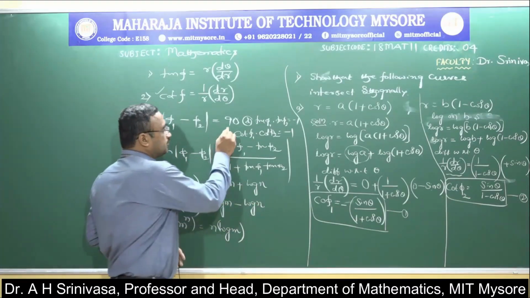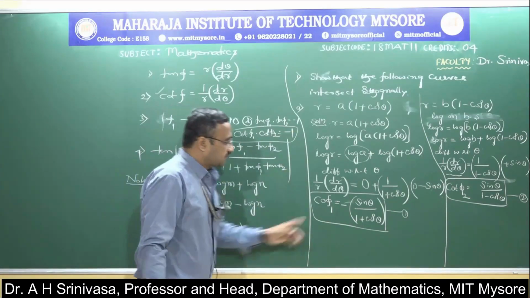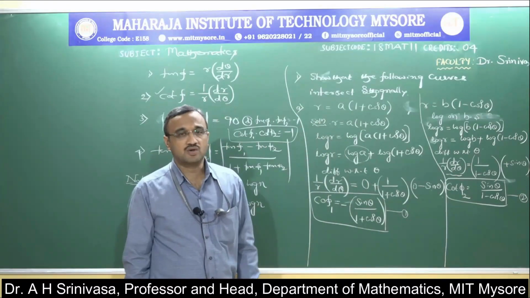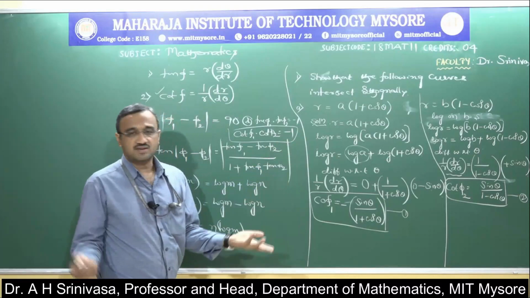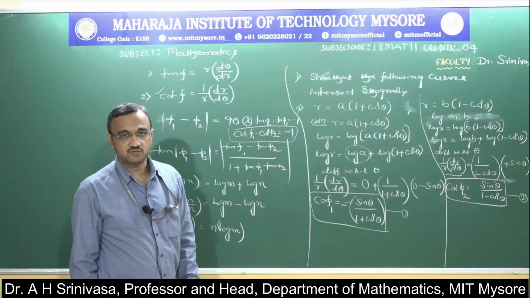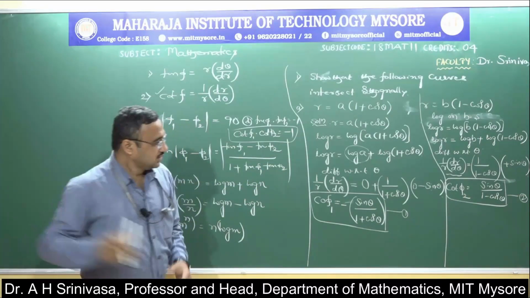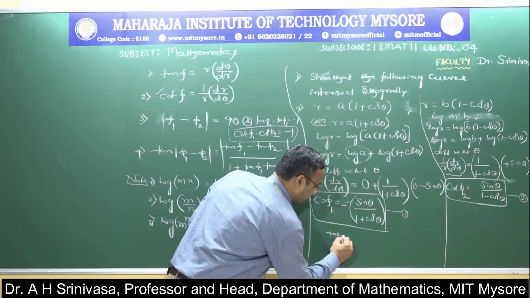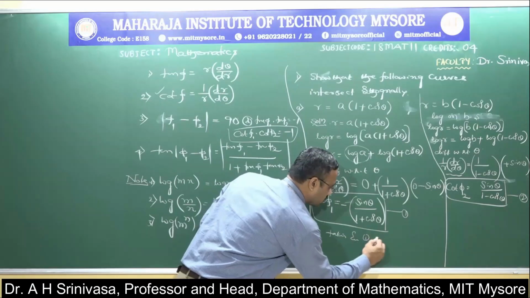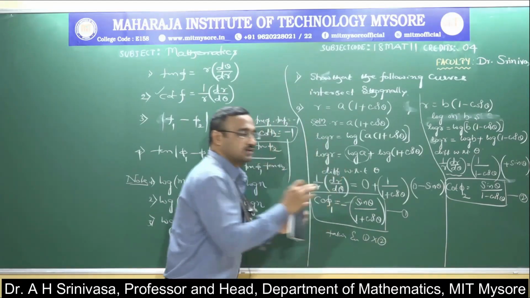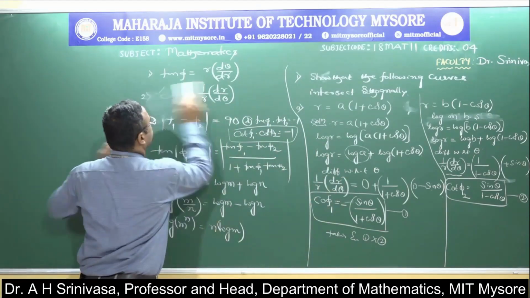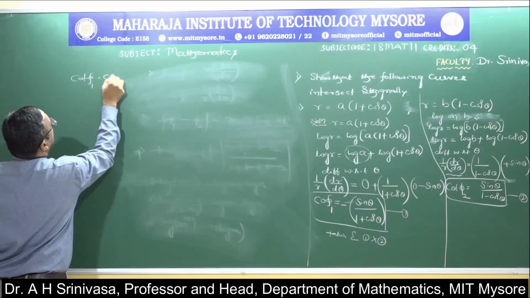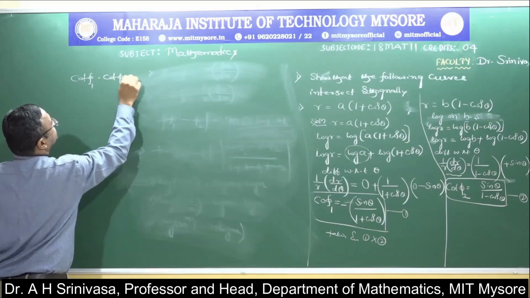So now I am going to show this one. Make a product of these two, equation 1 and 2. If the product of equation 1 and 2 is minus 1, they intersect orthogonally. So now take the product of 1 into 2: cot phi 1 into cot phi 2.